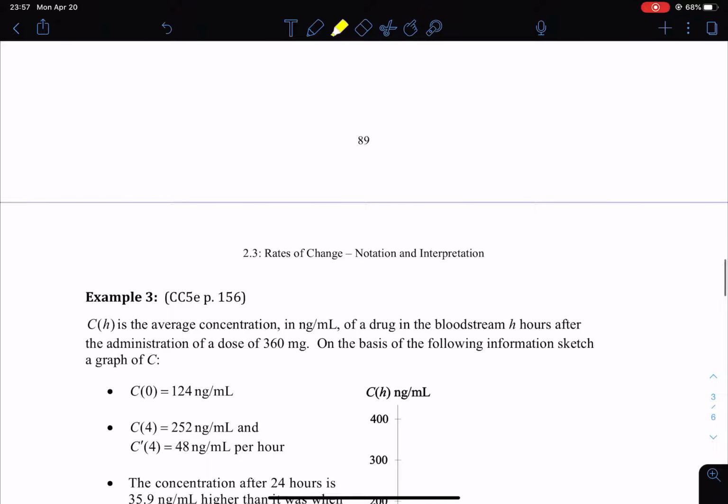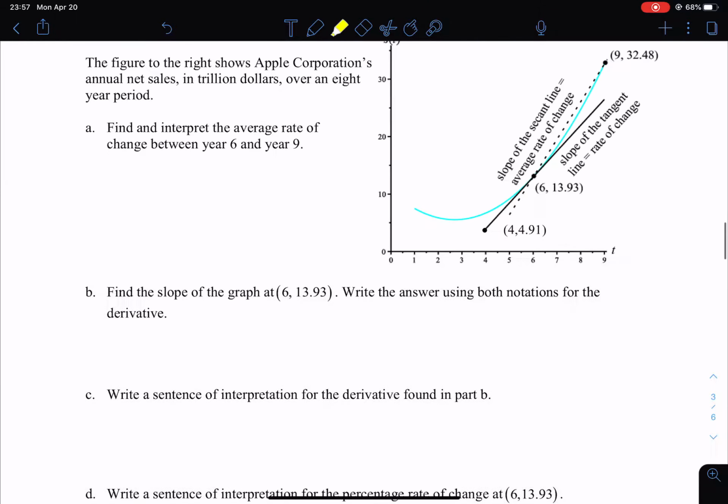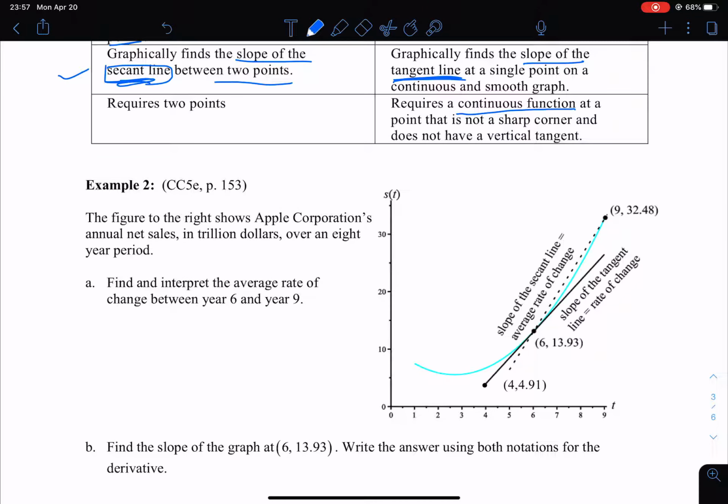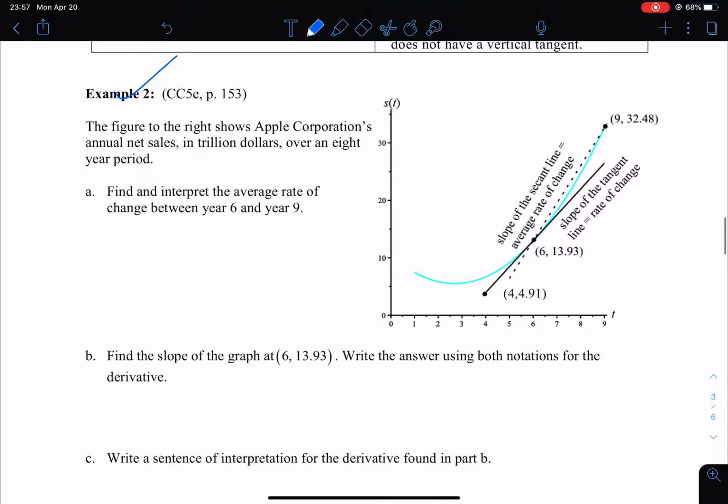And then let's see example 2. This one is the Apple Corporation's annual net sales in trillion dollars over an 8-year period. For the first one, find and interpret the average rate of change between 6 and 9.